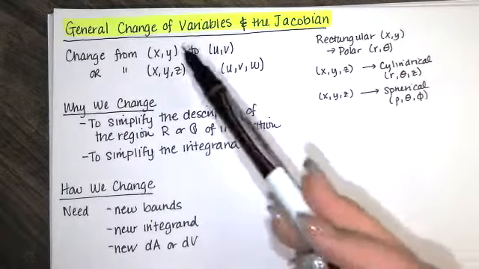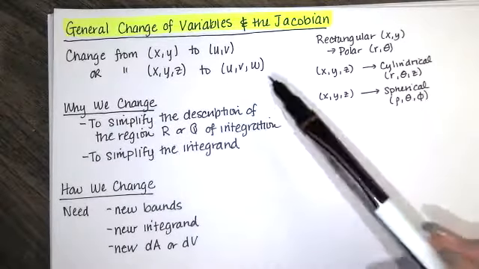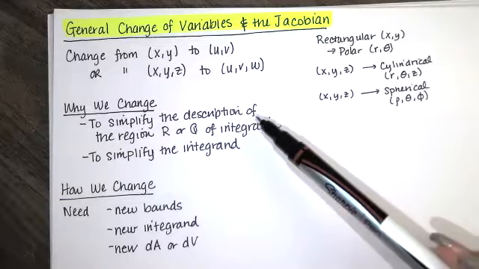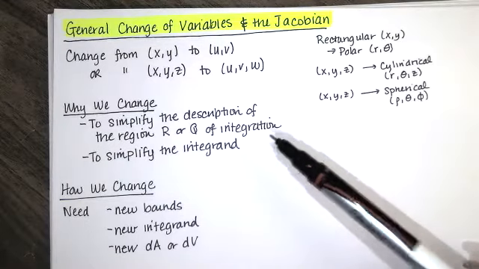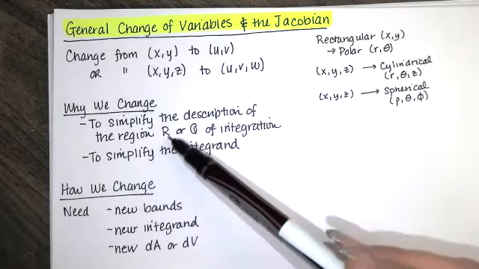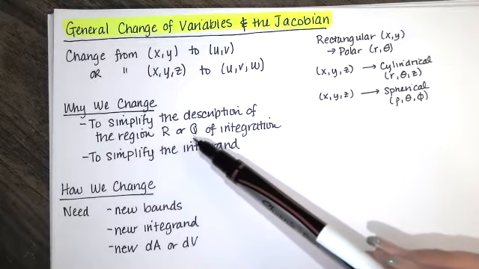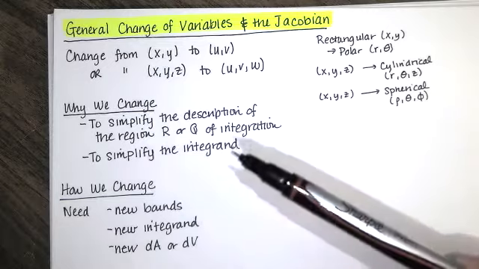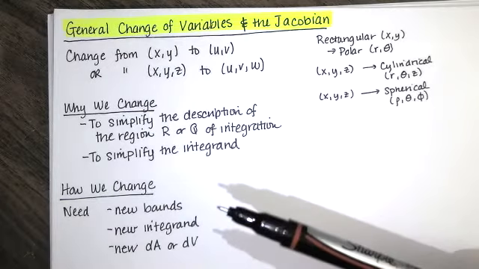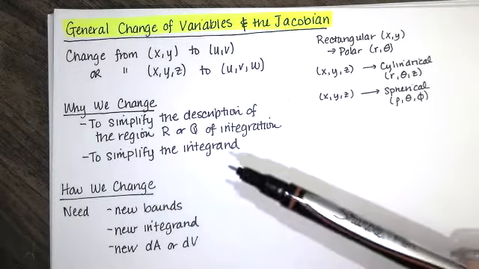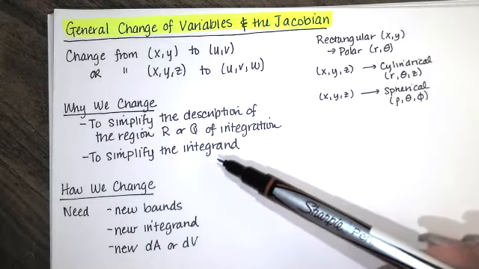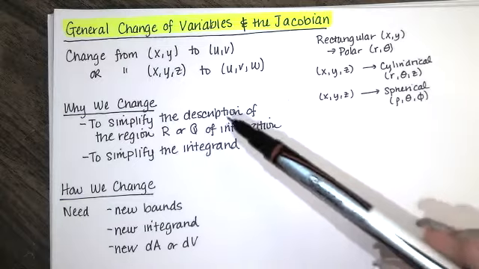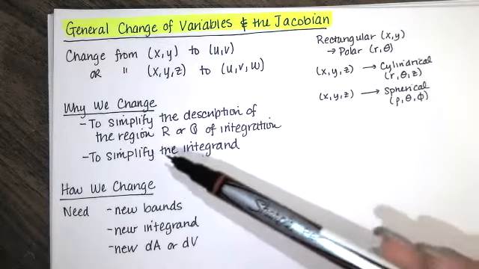But we change for the same reasons that we changed over here. We're going to change from x and y, or x and y and z, to these new variables to do one of two things. We either want to simplify the description of the region of integration, so region R in the xy plane, or that solid region Q in three-dimensional space, or we change variables to simplify the integrand. Maybe the integrand or the integration is difficult because of the form of the integrand, but through a change of variables, we can make it very simple.